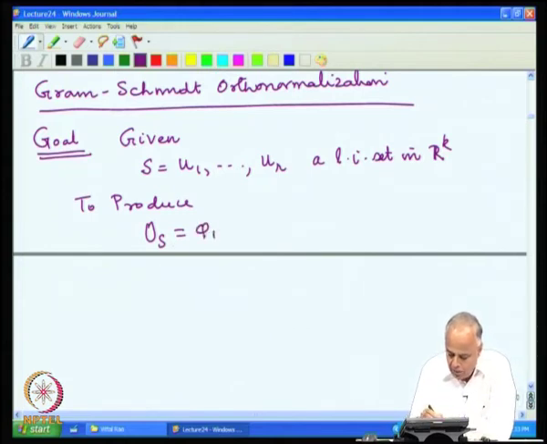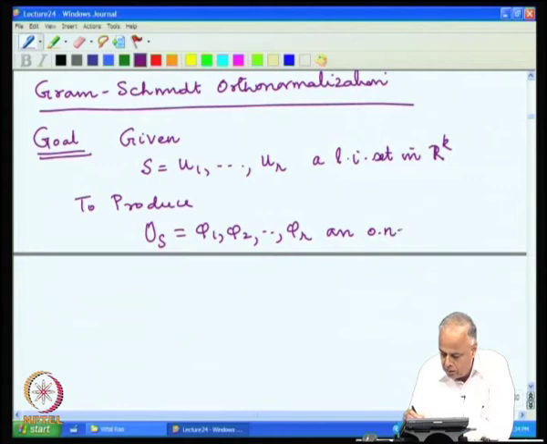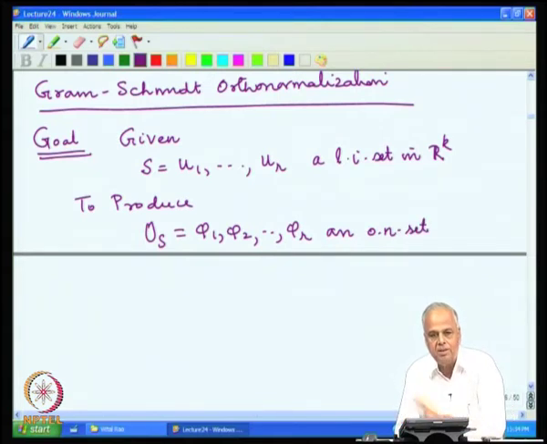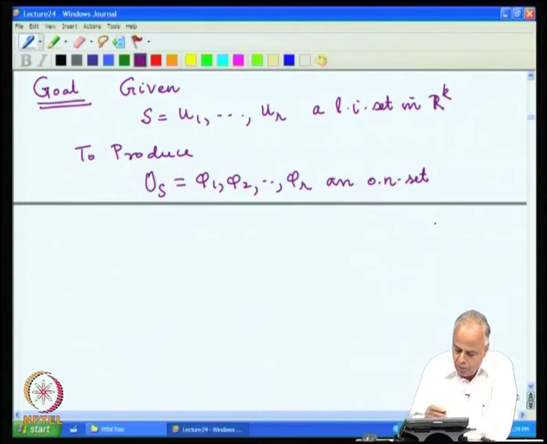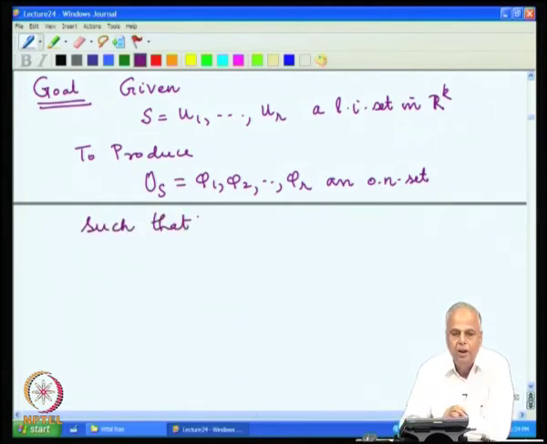So, OS, which we will call phi 1, phi 2, phi r, an orthonormal set of the same size as S. S had r vectors, we want OS also to have r vectors, but that is not a big deal. We want to construct this orthonormal set in such a way that certain things happen.